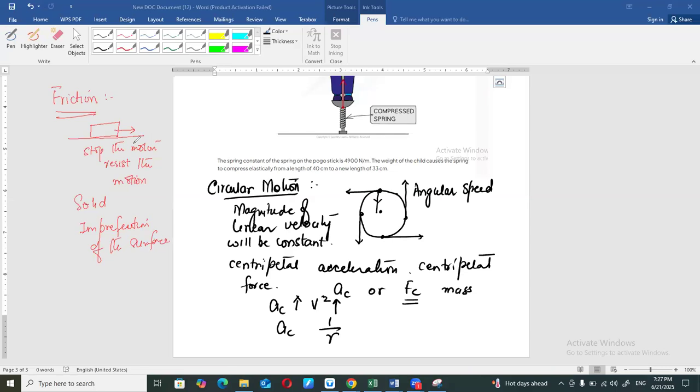Because the surfaces are not plane, not straight, friction will be produced, which is always in the opposite direction of the motion. If you're moving to the right-hand side, the resistance will be on the left-hand side, right? So this is happening in the solid.